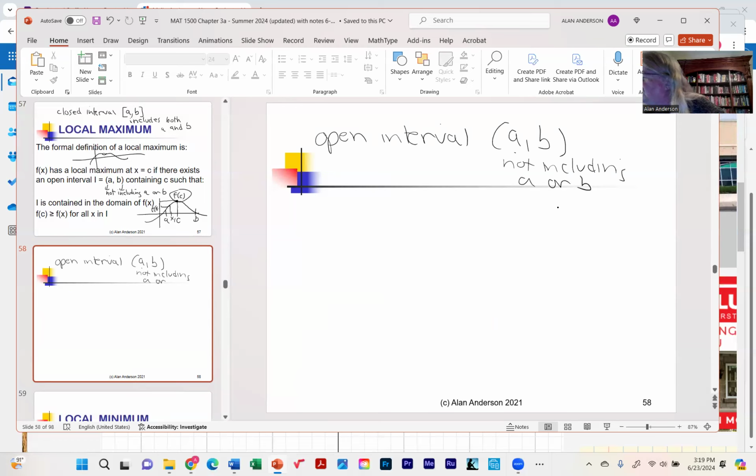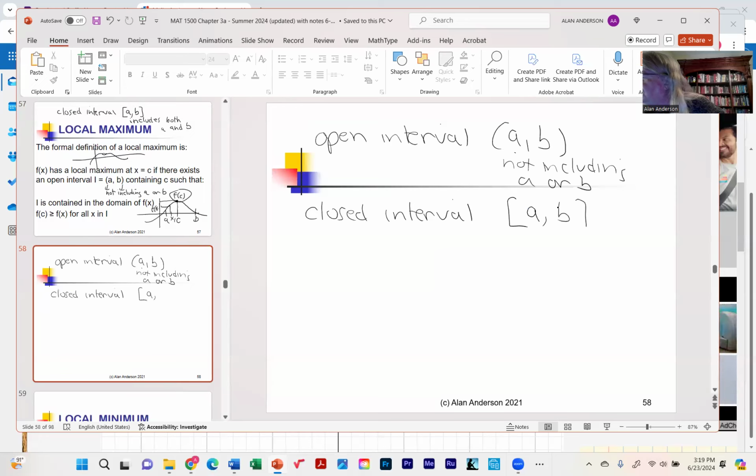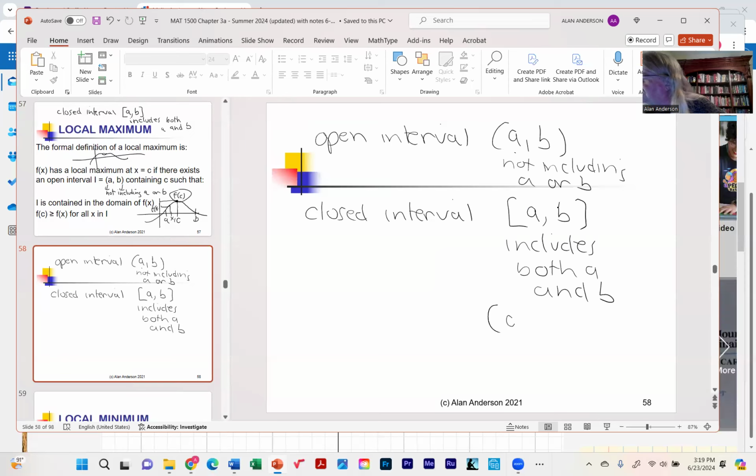Then the other extreme is the closed interval, which includes both a and b. And then the other ones: remember this one includes b but not a, and this one includes a but not b.